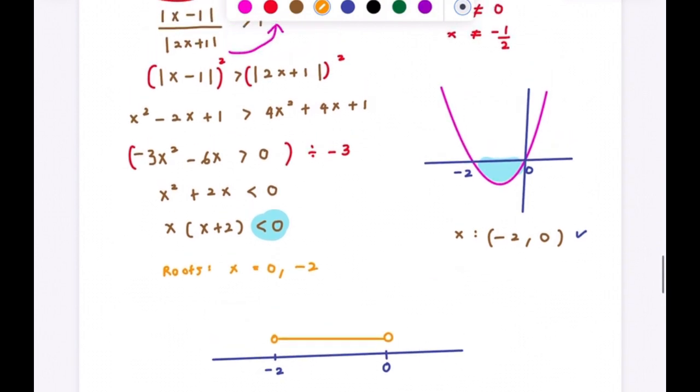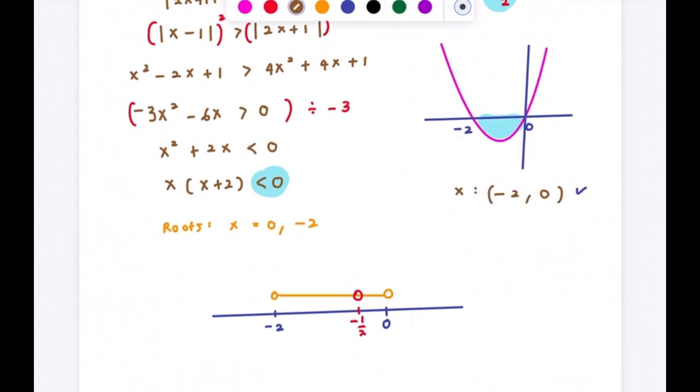But remember, x cannot be -half. So where is your -half? -half is somewhere here. This is -half. So you cannot include this value. So make an open circle here. So x cannot be -1/2.